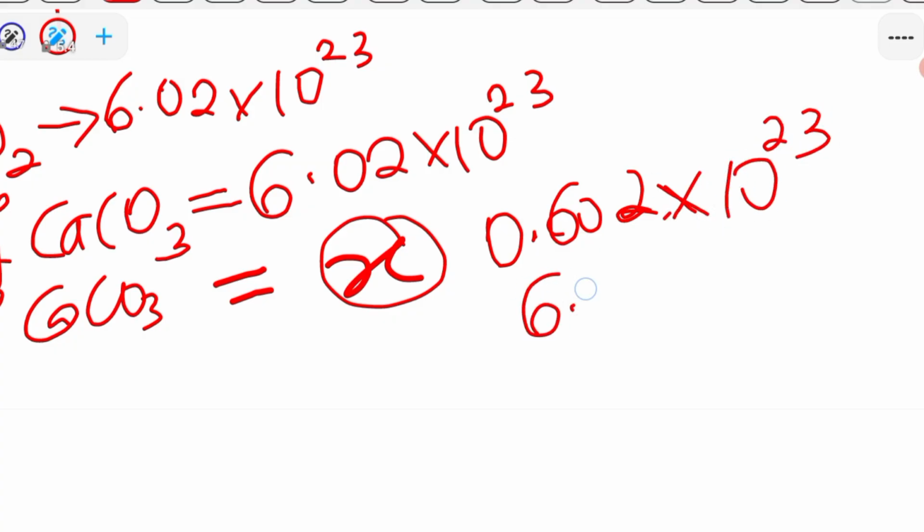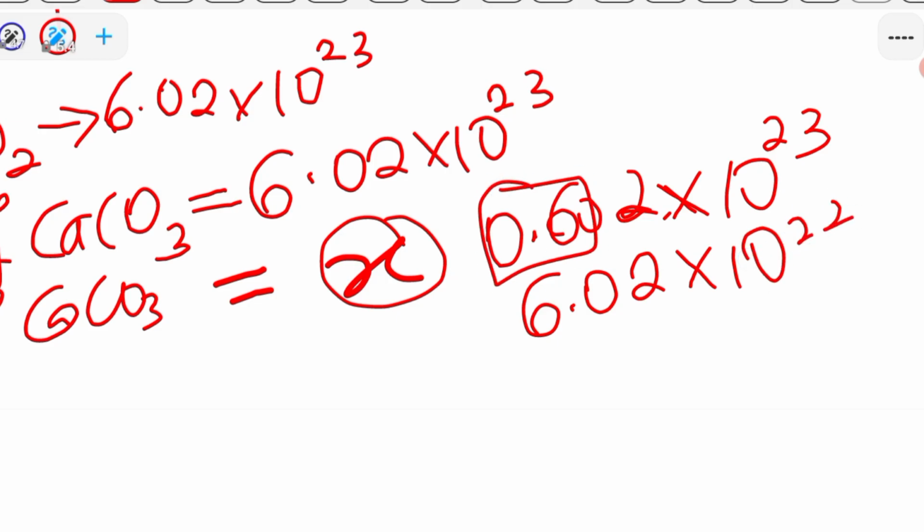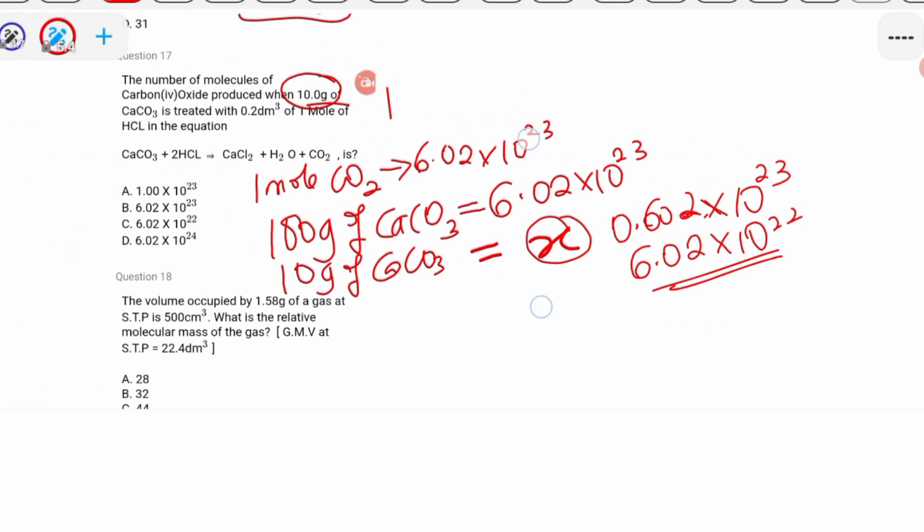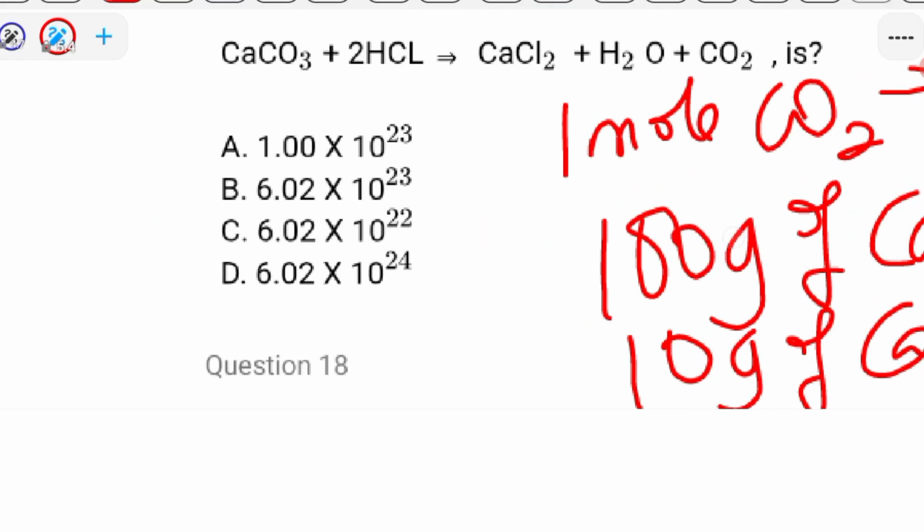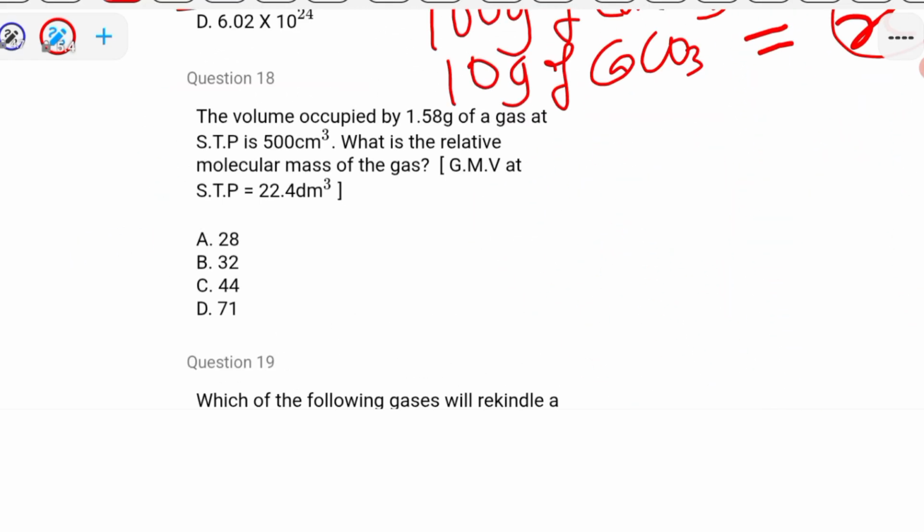That will be 6.02 times 10 to the power 22, because this one is -1, so remove 1 from 23. That will give you 22. So let's check for that in the options. That's option C.